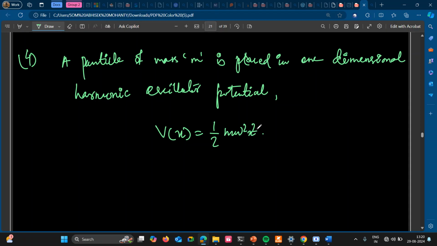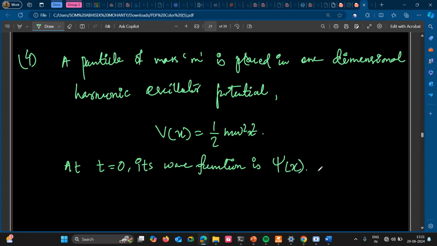At t is equal to 0, its wave function is psi x.